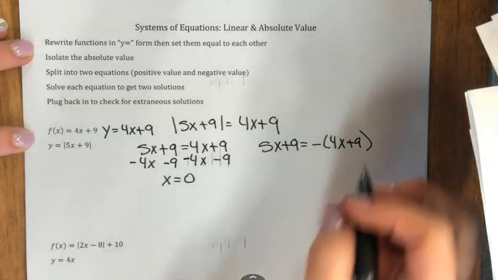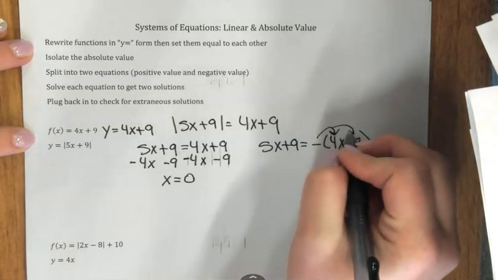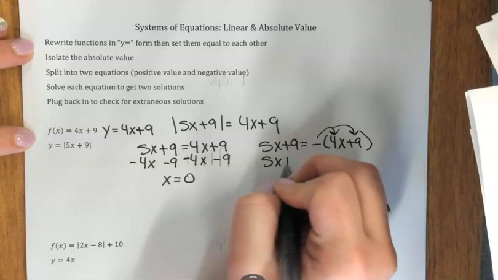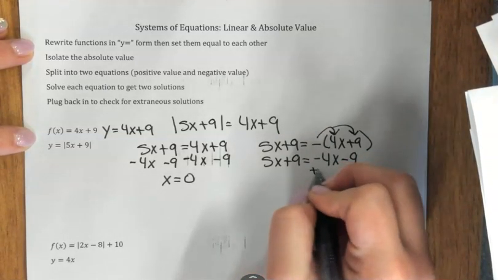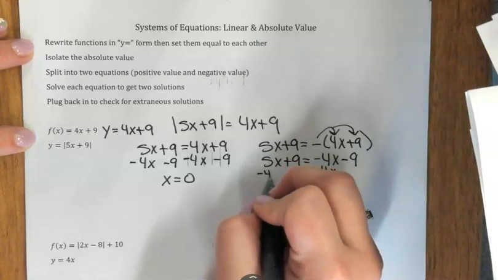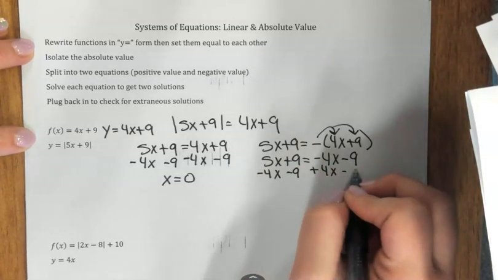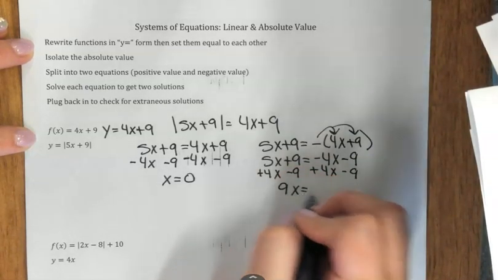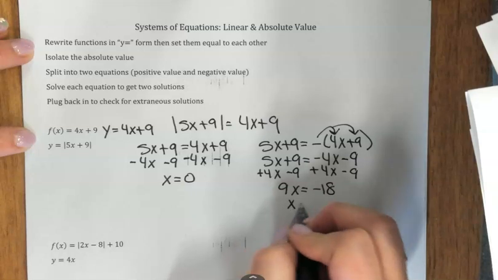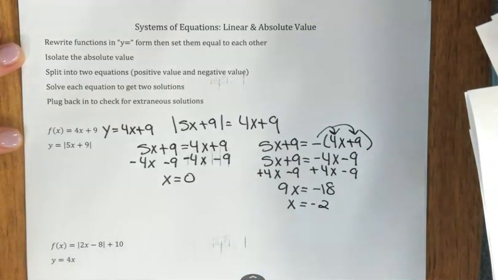On the other one, I have to first distribute the negative. So 5x plus 9 equals negative 4x minus 9. I'm going to get all my x's together, get all my constants together, and I get that 9x equals negative 18, which means x equals negative 2.